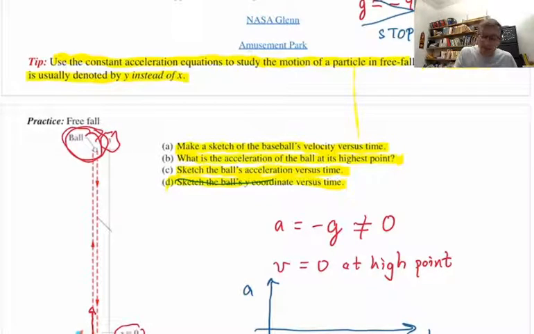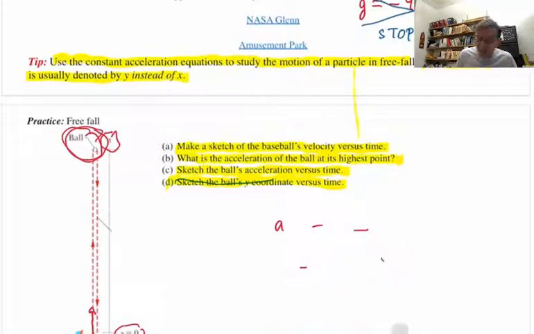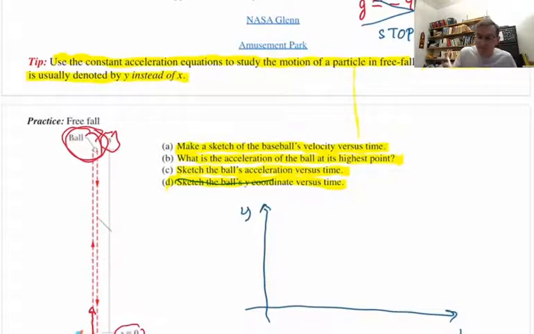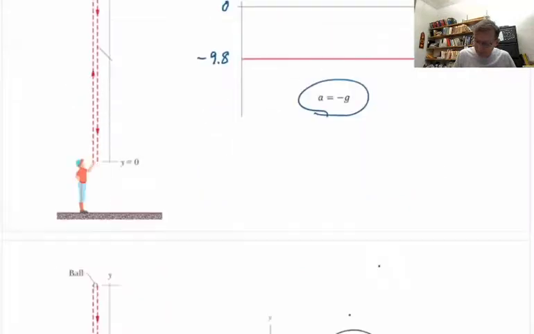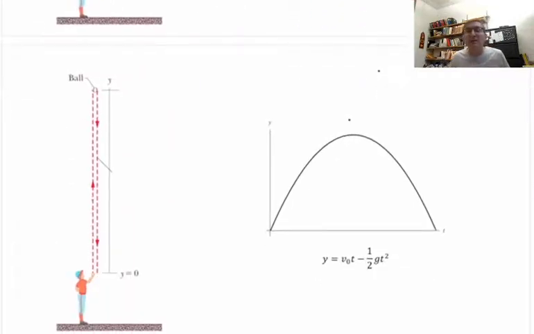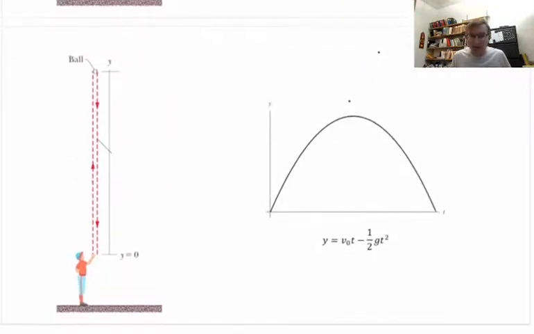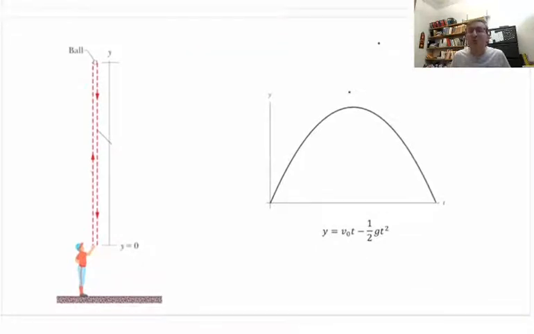Well, first let me emphasize what we're talking about. We're talking about a plot where the vertical axis is y and the horizontal axis is t. What does that look like for the baseball? Note the baseball starts at y equals 0. So, did your graph look like this, is the question.